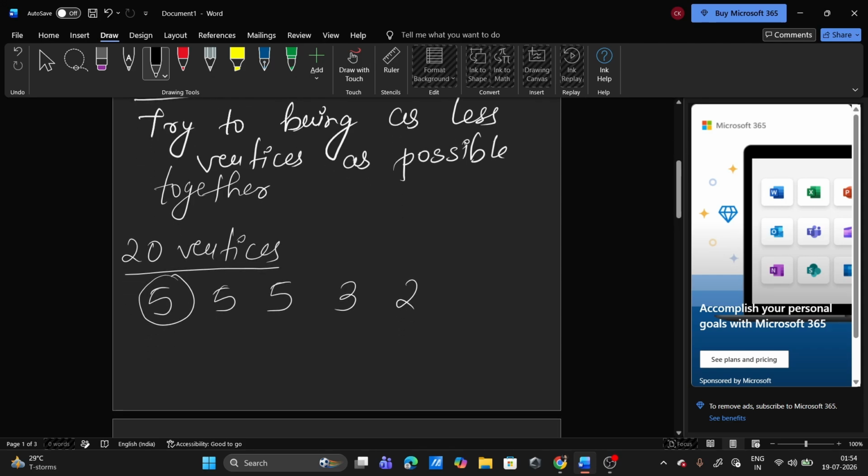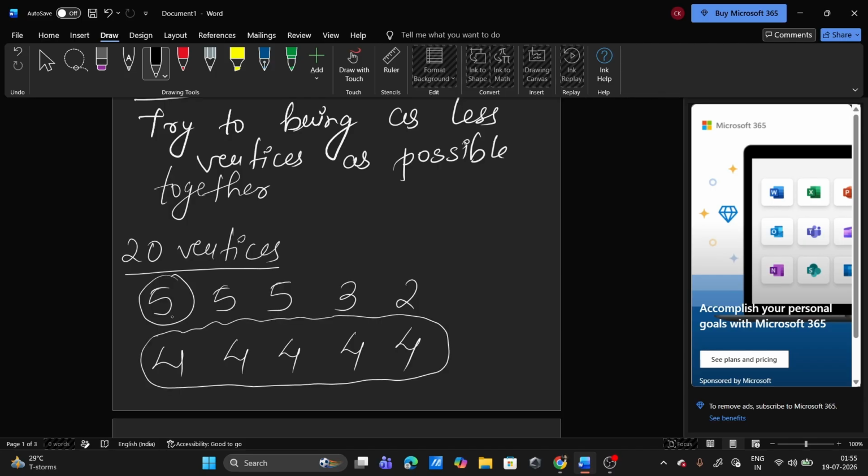What about 4, 4, 4, 4, 4? Now, can we find another combination where it is even less than 4?